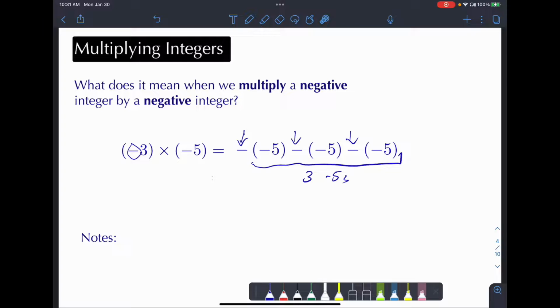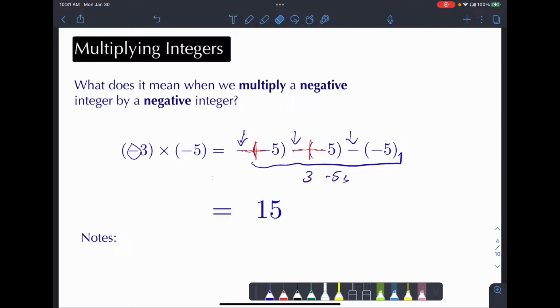We went over adding and subtracting integers. If you remember the trick, we extend these together and make it a plus sign, and it's like we're adding. And when we complete this summation, we should get positive 15.